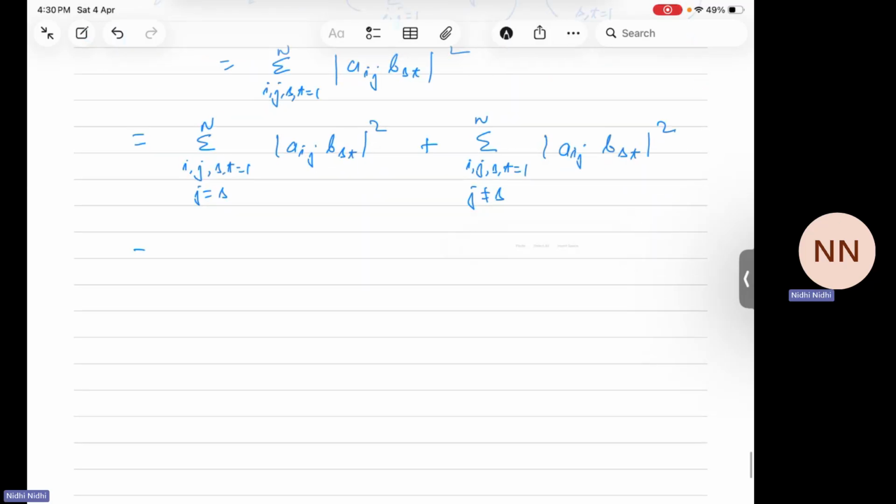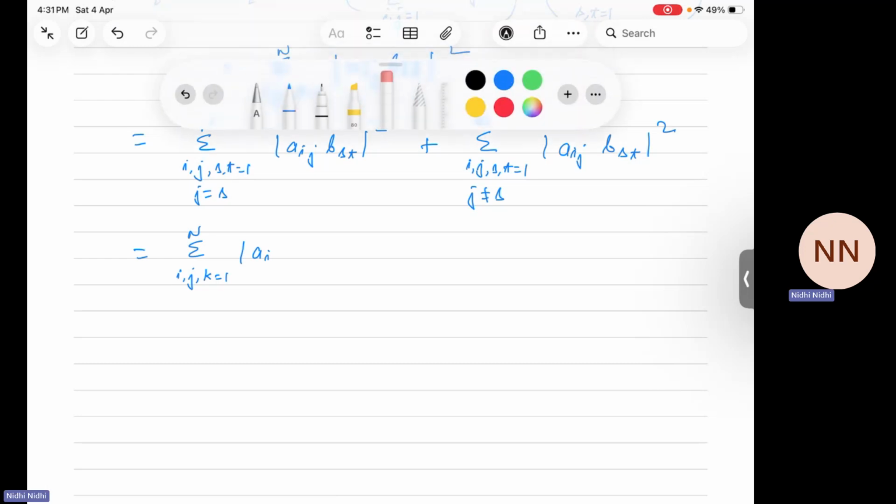Since j is equal to s in the first term, we can replace both j and s by some other variable, say k.